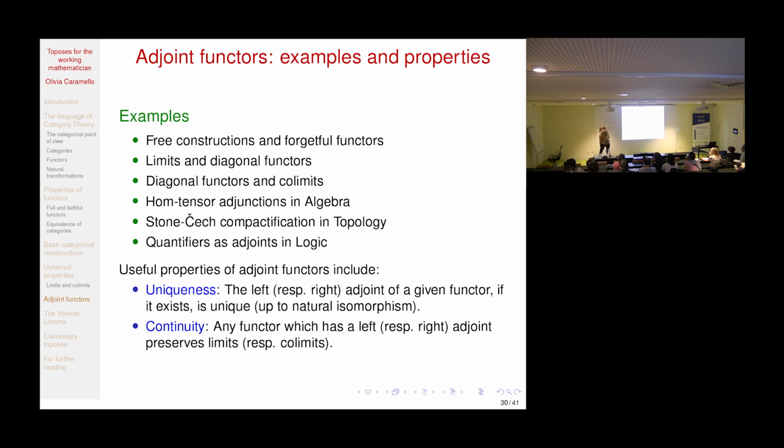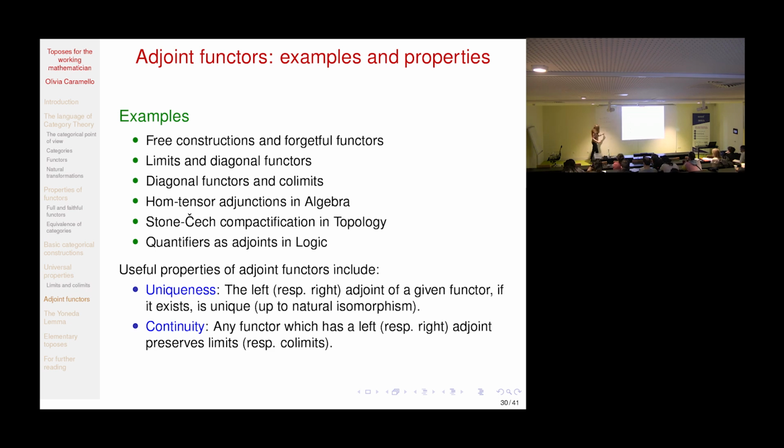Because, you see, giving arrows from delta of C to a diagram F means giving a cone over F with a vertex C. And on the other hand, giving an arrow from C to lim of F.